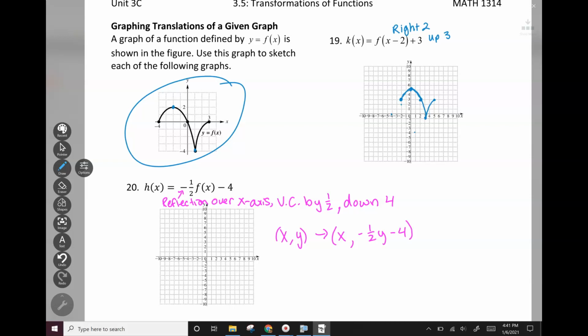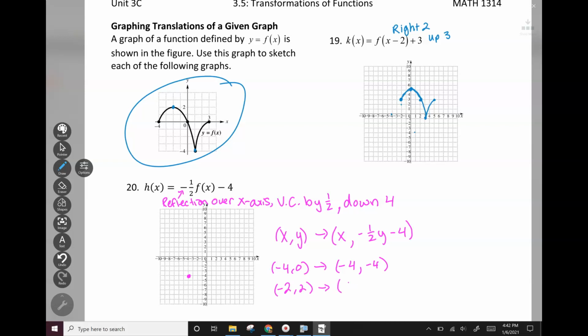Okay, so let's take that first point, which is -4, 0. I could have done it like this on the last one as well. The x value is not going to change. The y value gets multiplied by -1/2 and subtract 4. So I'm going to have a point at -4, -4. Okay, next point. -2, 2.